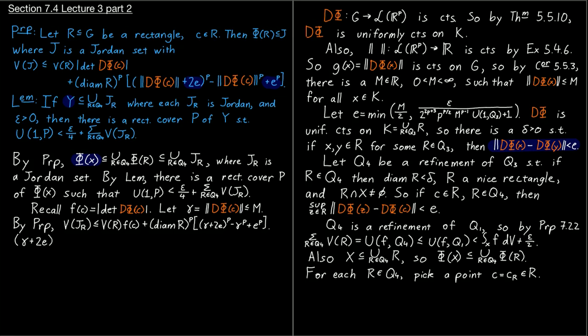If p is equal to, say, 1, and to show that the induction works, it's equal to gamma to the p plus 2 times e, sum from i equals 0 to p minus 1, of (gamma plus 2e) to the power i and gamma to the power p minus 1 minus i.